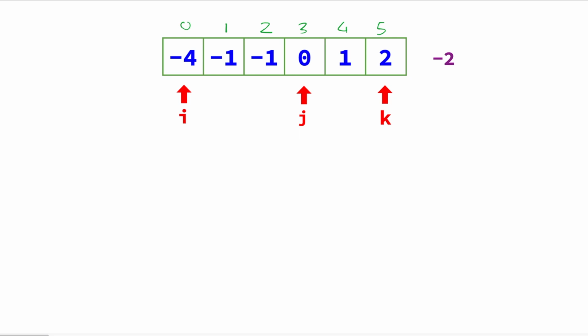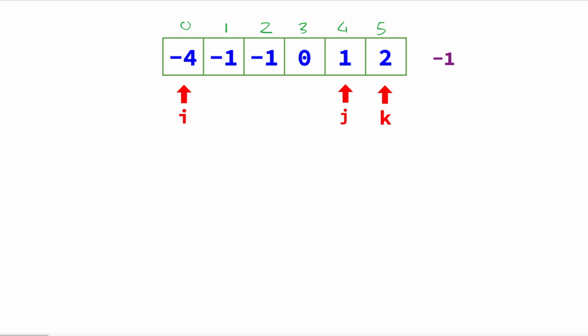So we will again move j one position to the right, and we will keep doing this till j is less than k. Now we can add up the numbers again and we get the sum of -1, but at this point we can no longer move j forward. So that means that for the first value of -4, there are no possible triplets in this input array.